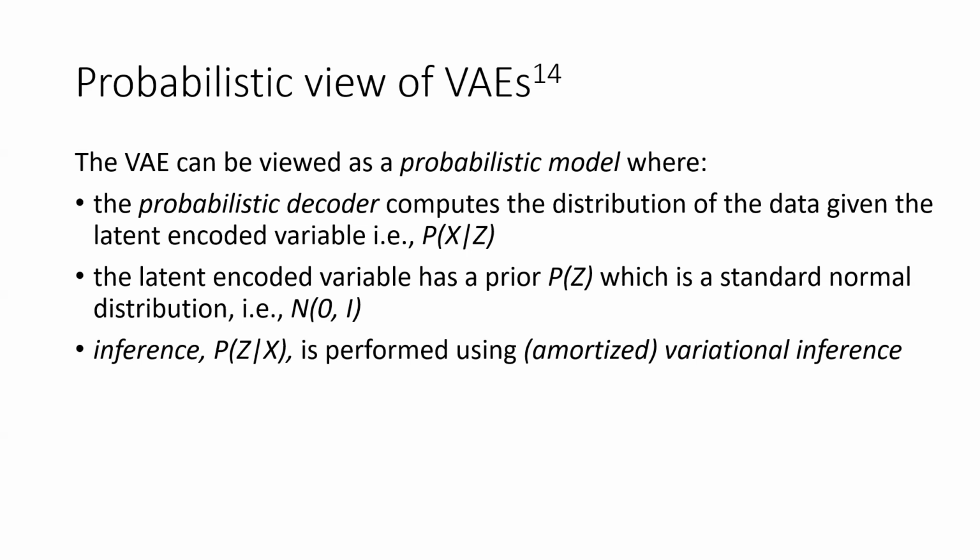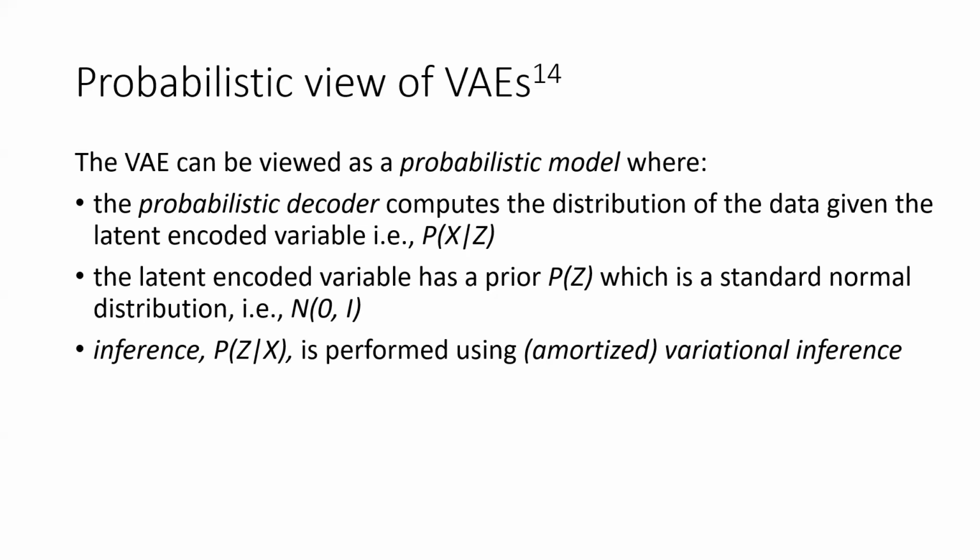Now, this random variable has a prior distribution. That means that whenever you want to produce this vector, it comes from a standard normal distribution. So you use a standard normal on the dimensionality that your latent vector has been trained on. You produce a vector and you feed it to the decoder, and the decoder produces an instance.